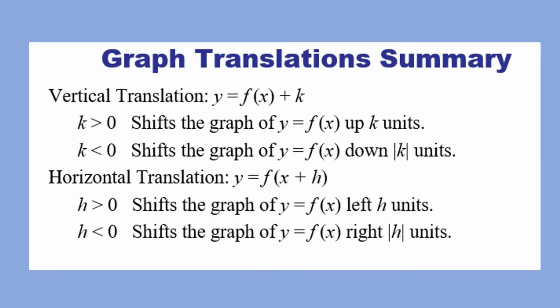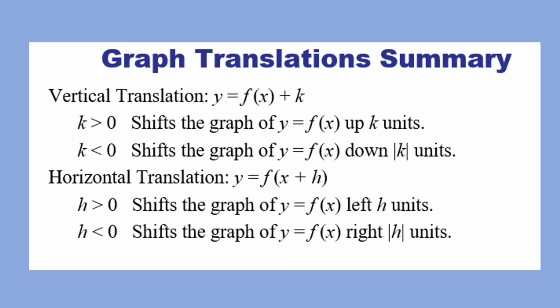So in general, if I have a function f of x, the vertical translation is by adding k to y, that is f of x plus k. If k is positive, then it is shifted up by k units. If k is negative, it is shifted down by k units.